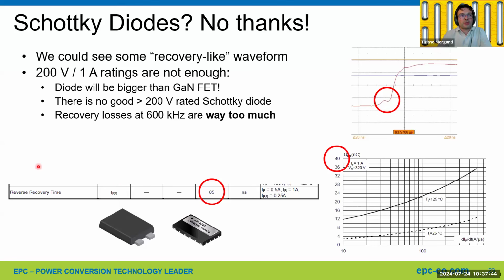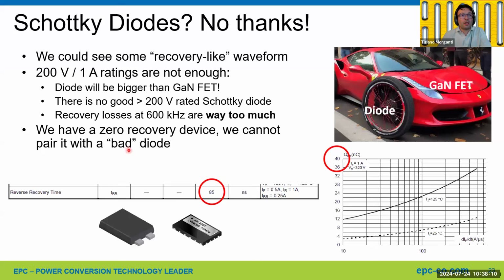Schottky diodes also have some recovery losses, most likely associated with the guarding or protection structure of the Schottky diode when used at very high currents. So we have a zero recovery device, and we don't like to pair it with a diode that adds recovery losses. In Italy, we say we cannot have a supercar with bicycle wheels. This is a joke we use in Italy a lot.